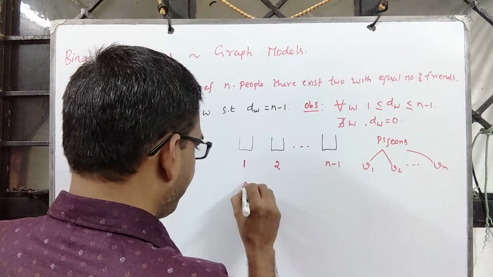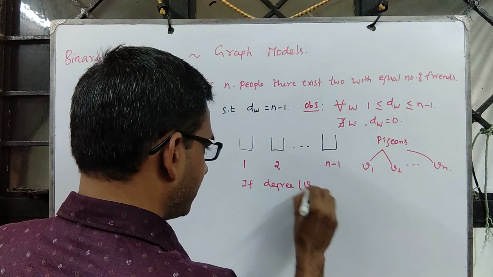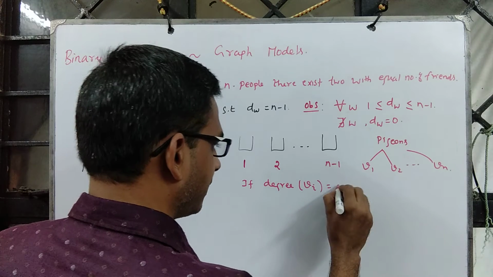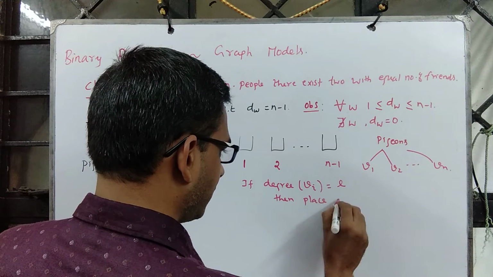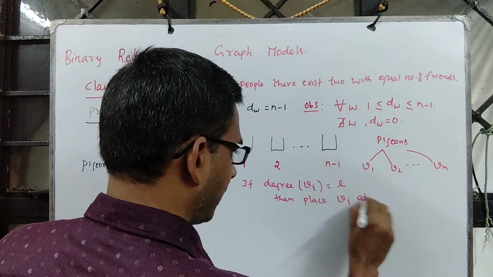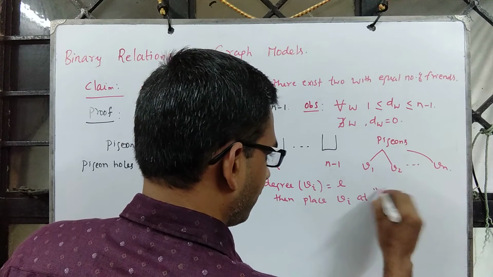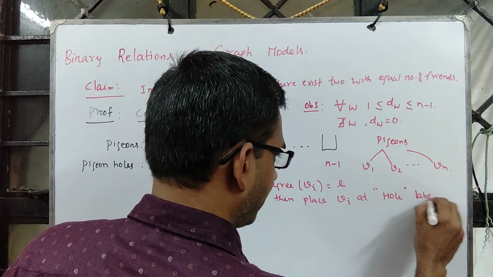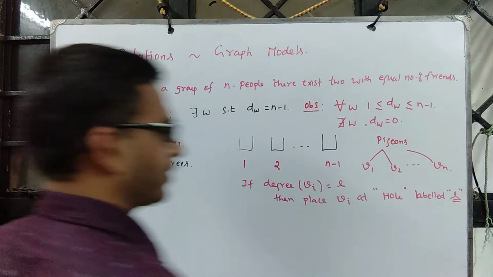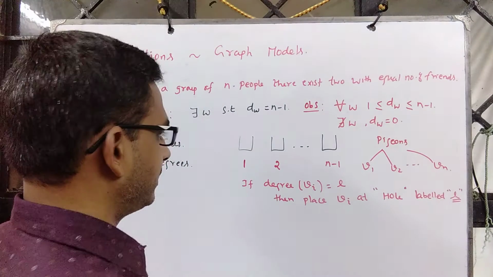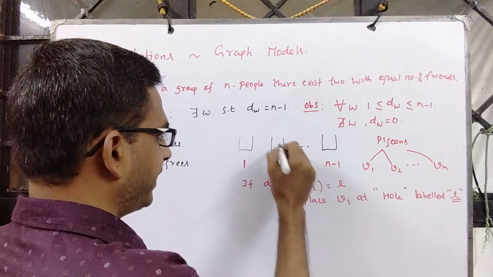What do you do? If degree of say Vi is L, then place Vi at the pigeonhole labeled L. So where do you place Vi? If degree of Vi is 2, you place Vi here.